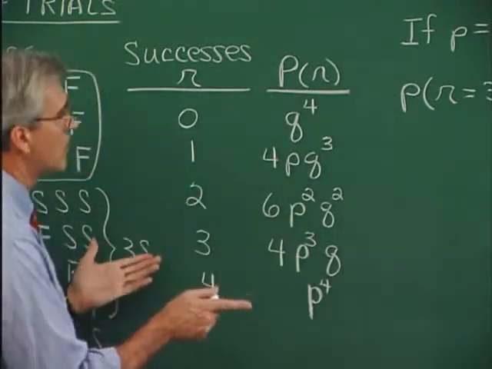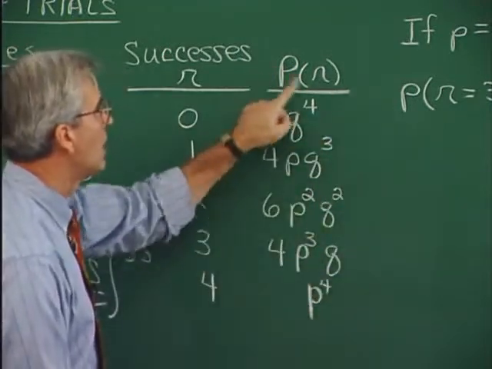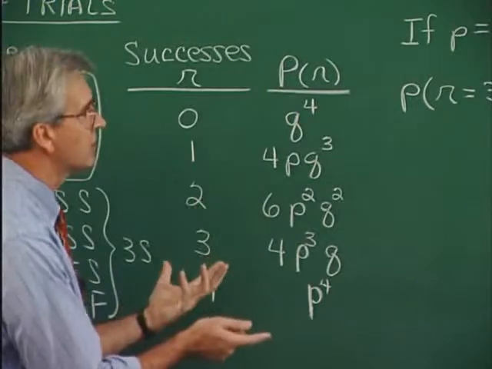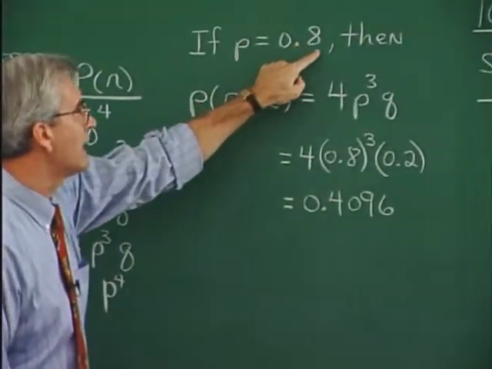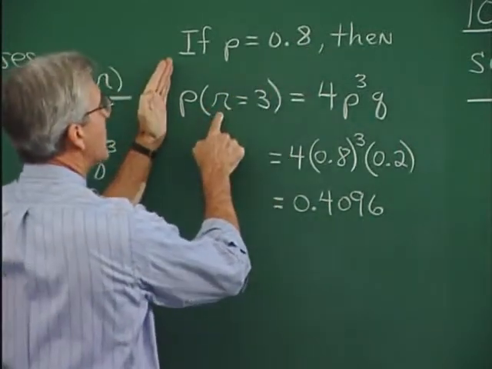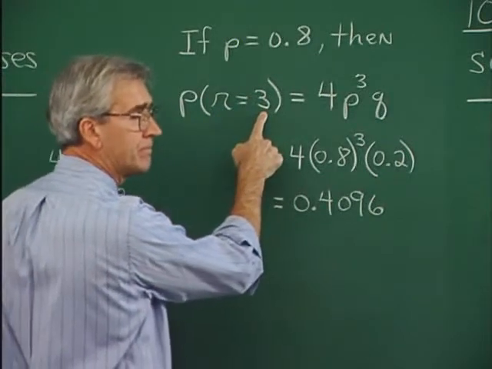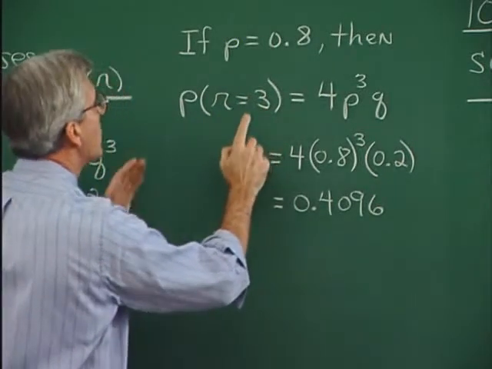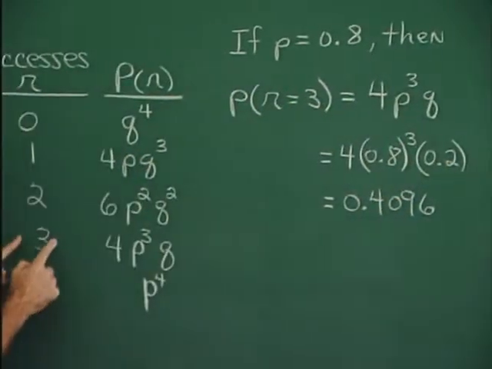Now, let's think for a moment about a calculation involving what we have here for the probability of some number of successes. Suppose P, the probability of success, is 0.8. And we want to find the probability that the number of successes is exactly 3. Then we would use from over here, from the chart, exactly 3.